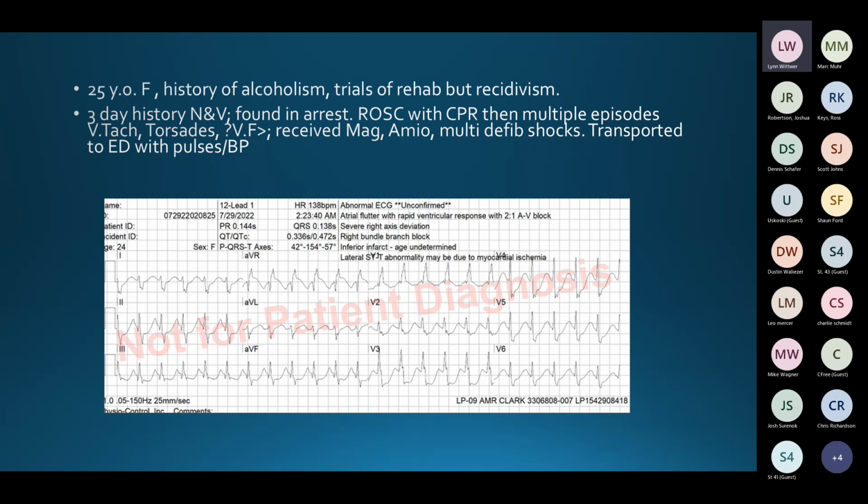And indeed, when she got to the emergency department, when she did arrest again, at that time they had a QTc of 572. So her QTc was prolonging again, likely because of her electrolyte abnormalities.